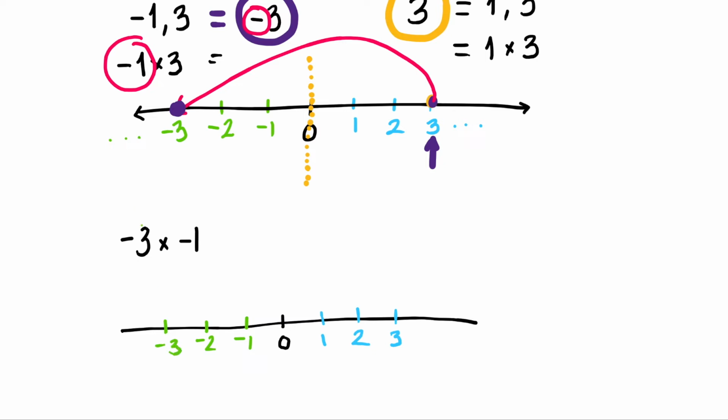So I'm starting in this case with negative 3. Agree? So I'm starting here. And then I'm multiplying times a negative 1. What that is going to do is throw it to the other side, and it's going to land on the positive side. So negative 3 times negative 1 is going to be equal to positive 3.